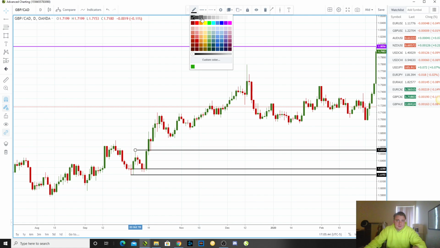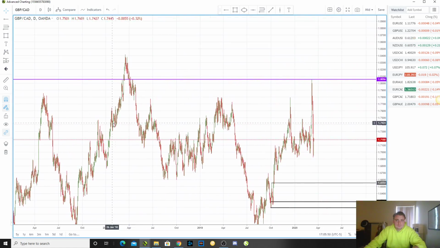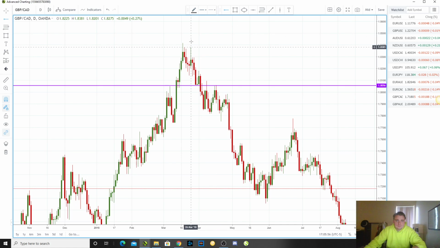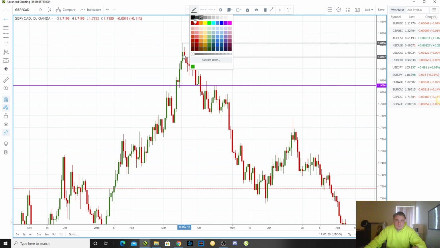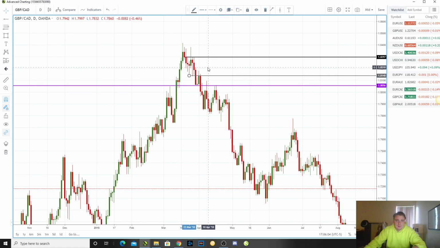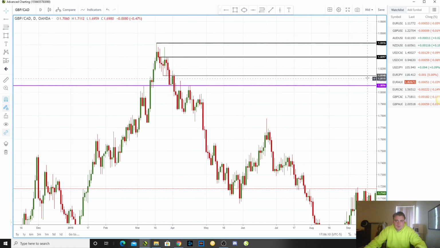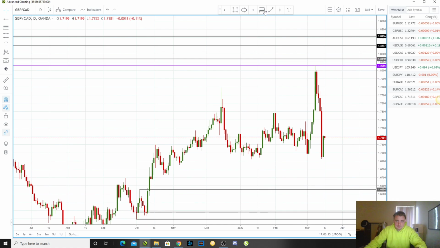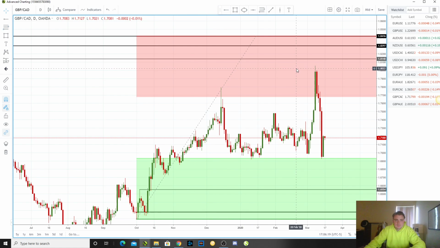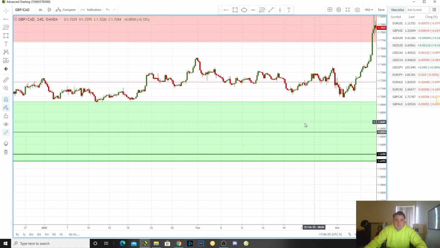My curve trade setup started. Breakout. Curve shorts here.